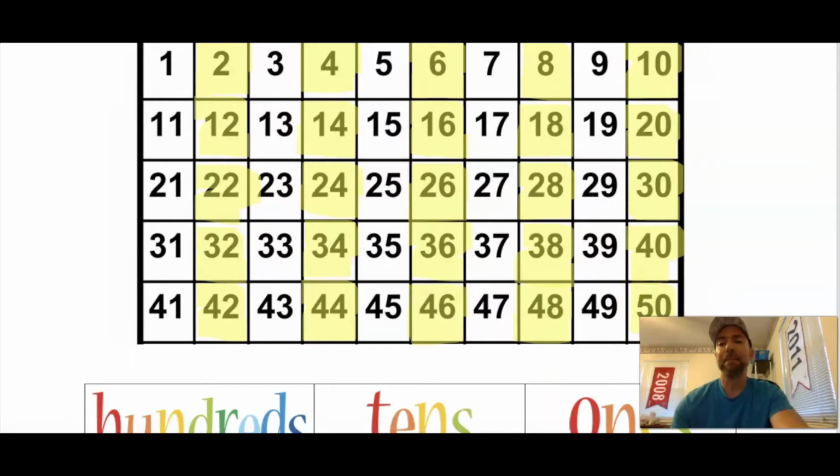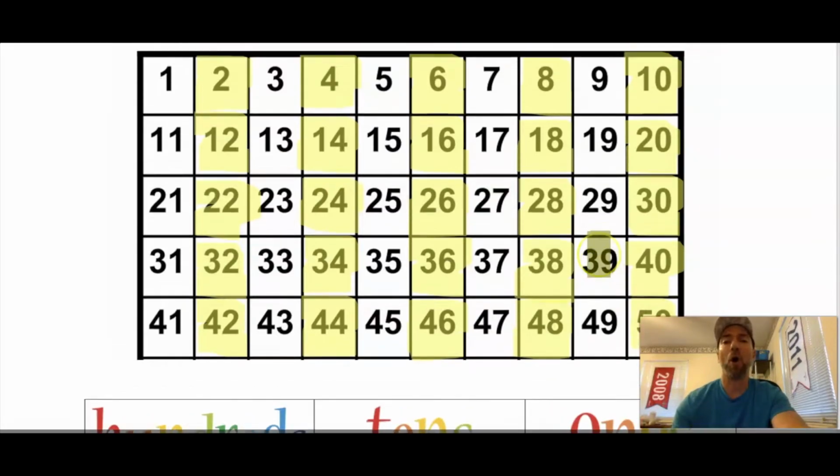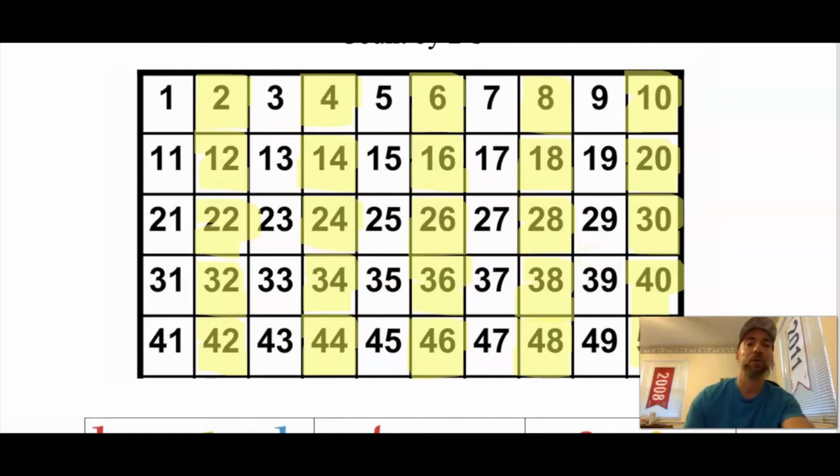Now I see some patterns here when I look at all those numbers that I circled. Well, let's use some math words. Which digits do you see in the ones place? Remember that the ones place is the very last digit in the number. I see lots of 2s. 2, 2, 2, 2, 2. What else do you see?